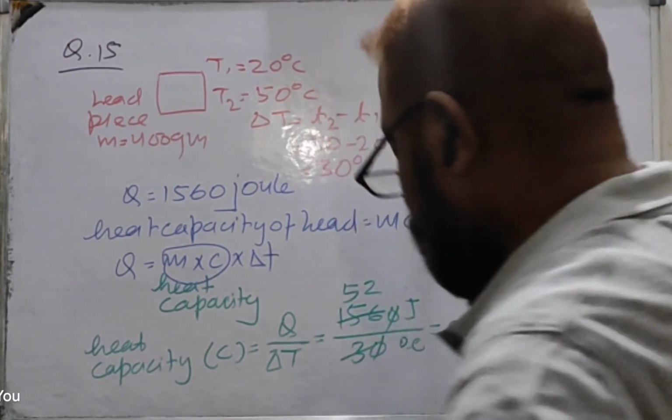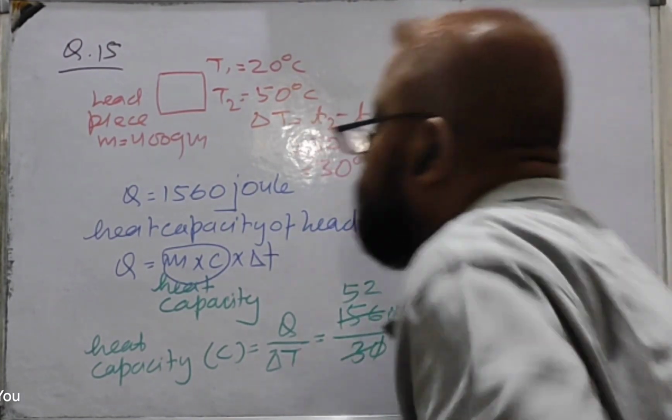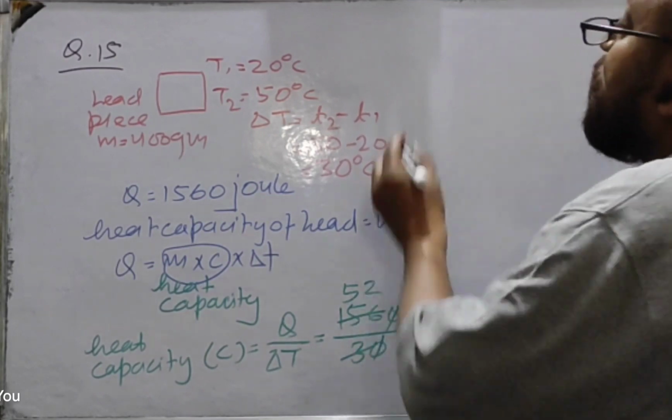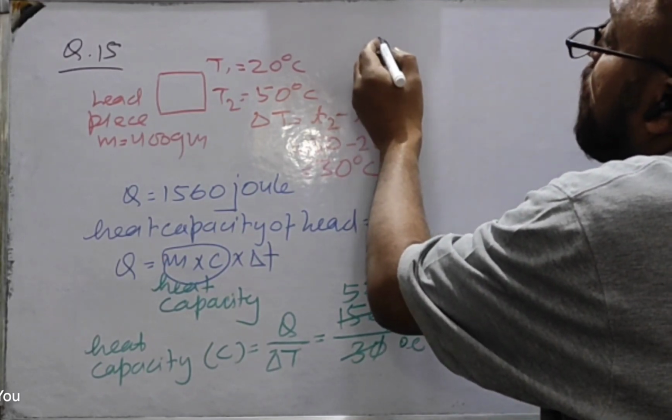So the heat capacity is 52 joule per degree Celsius.